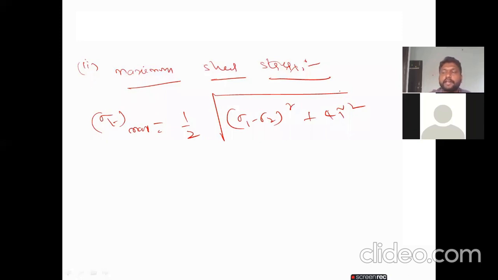Please substitute here. We know the sigma 1 value, sigma 2 value, and also the tau value, that means major principal tensile stress, minor principal compressive stress, and also shear stress. Please substitute here, and all of you post the answer in the chat box.